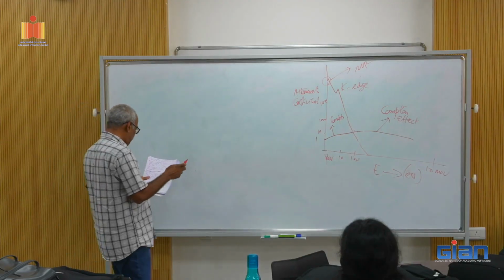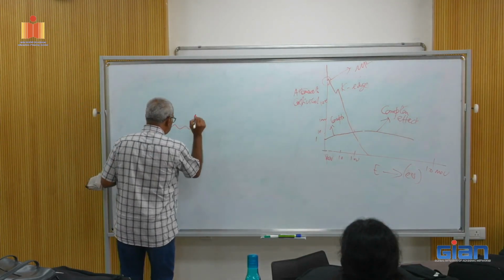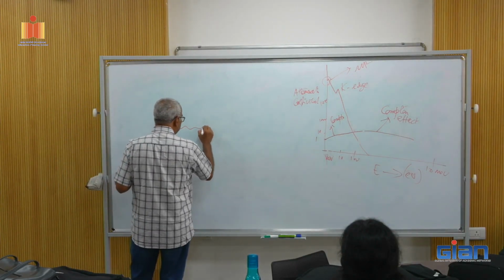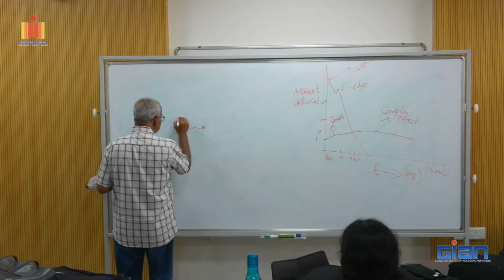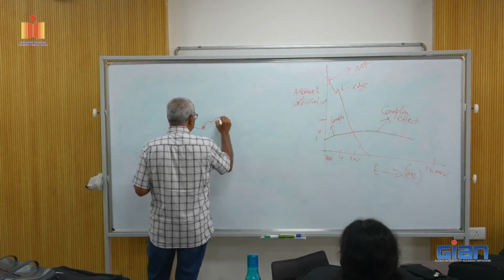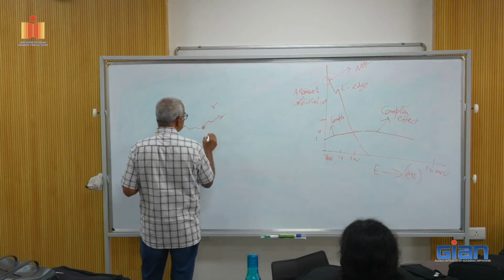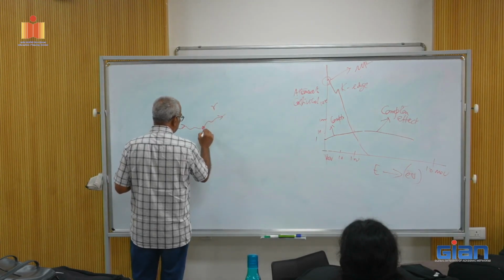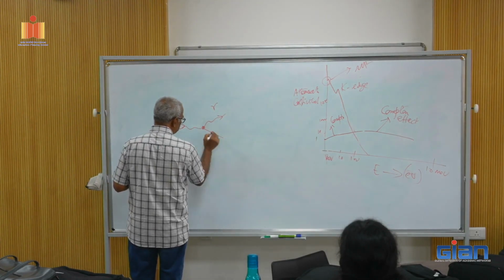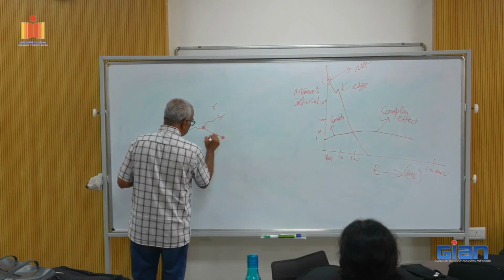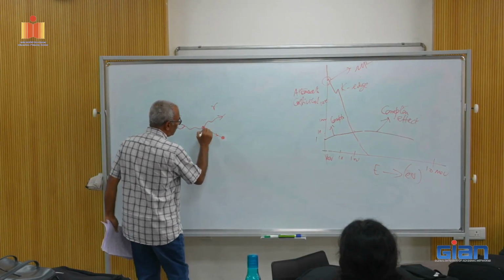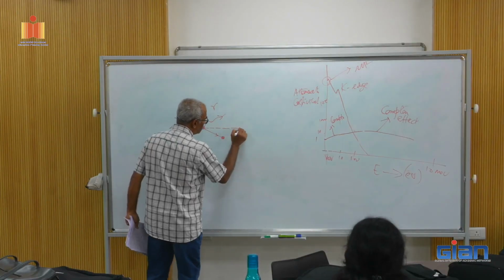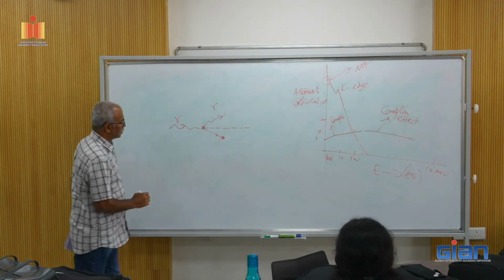So you have a photon hitting an electron. Let's say this is the photon hitting an electron. A photon goes out, and let's say this is my electron. So this is kind of scattered, and maybe this is the original direction of the photon.